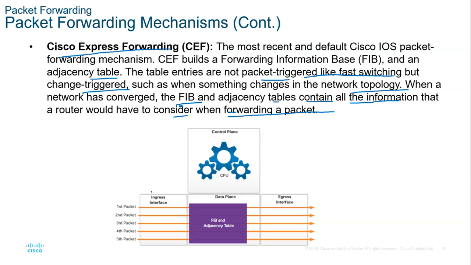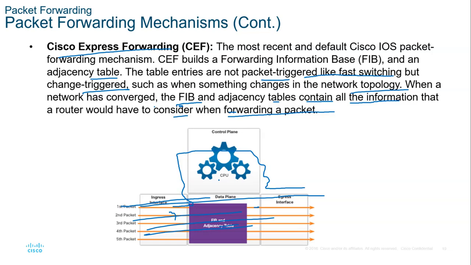So with this one, there is no need for packets to be sent to the control plane for the CPU to process them. They go directly from ingress to egress with the help of the forwarding information base and the adjacency table. The adjacency table is this, the forwarding information base is this, and the two are always up to date.